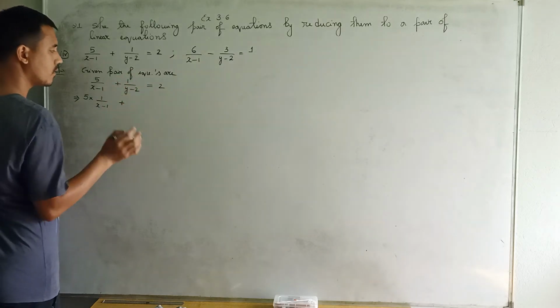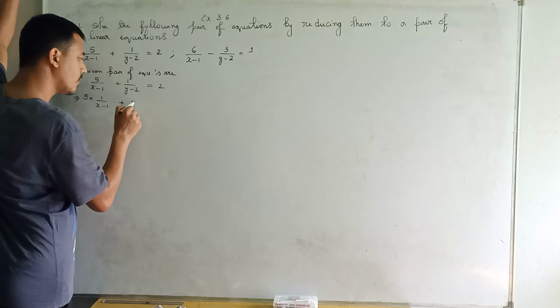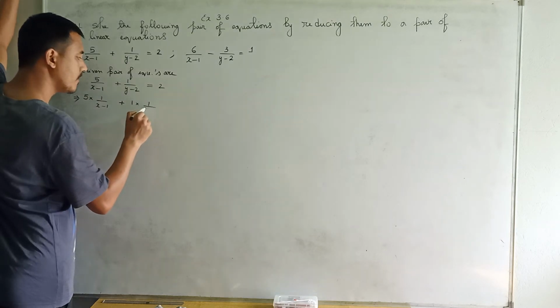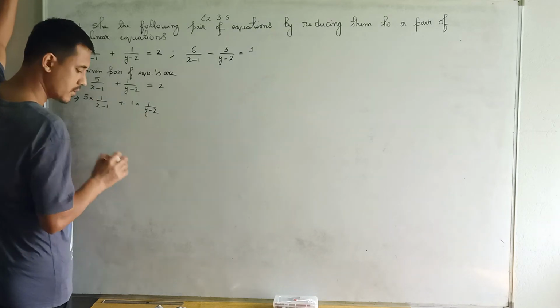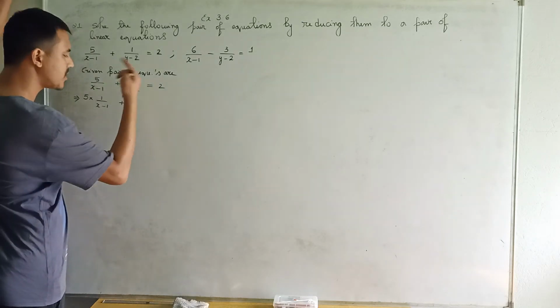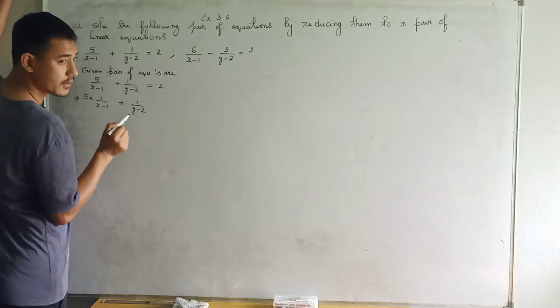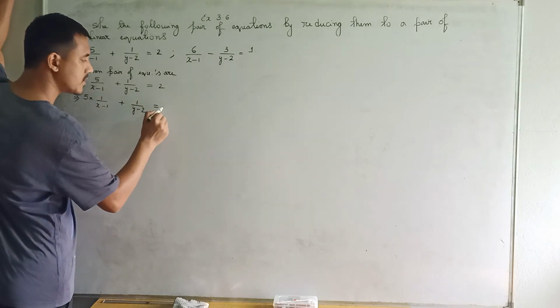Or here the coefficient is only 1, so I can simply write 1 times 1 upon y minus 2. The coefficient is already 1, no? So there is nothing for you to separate. Is it alright? Is equal to 2.